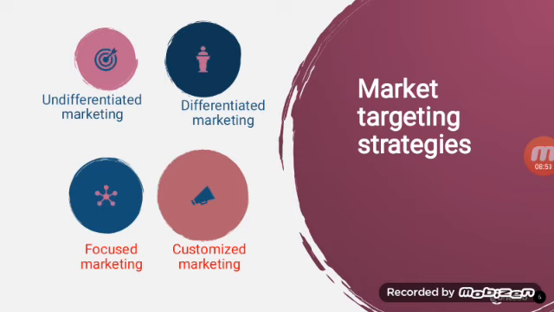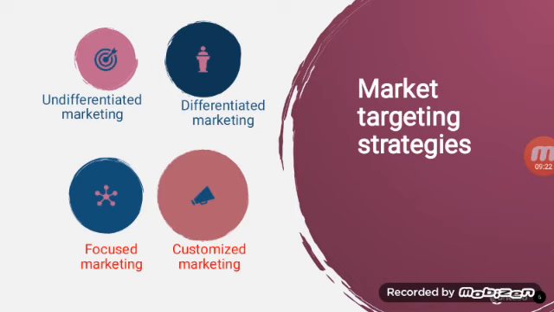Okay, so here are the 4 market targeting strategies. You may ask me a question, teacher, can a business choose all the 4 categories, or can they just have one category? You see, there are businesses which choose all the 4 categories, like AirAsia. AirAsia chooses all the 4 categories, or some businesses will only choose one category.